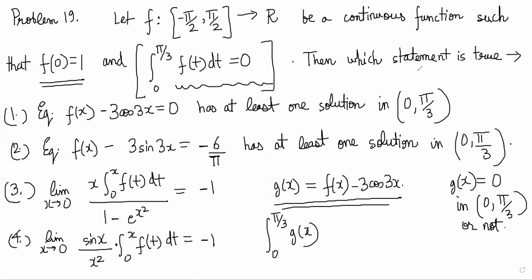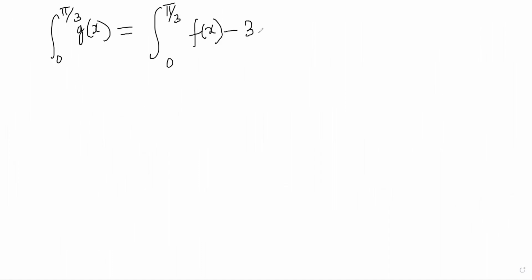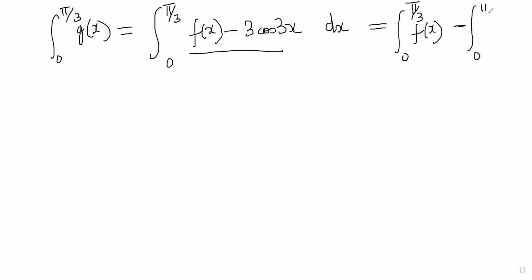So let's see. Let's find out the integral from 0 to pi by 3 of g of x, right? So that is equal to the integral from 0 to pi by 3 of f of x minus 3 cos 3x dx, right? This integral can be split like this: the integral from 0 to pi by 3 of f of x minus the integral from 0 to pi by 3 of 3 cos 3x dx, right?